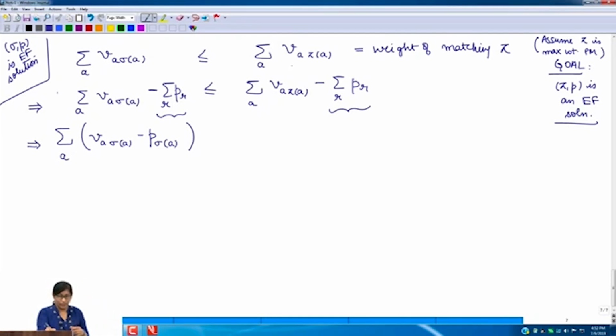So why is this particular quantity equal to this particular quantity? Why can I regroup in this way? Since sigma was a matching, here were just price vectors written over here, like price of room 1, 2, 3, 4, 5, 6, and then I just coupled it with the room agent A is getting, right?